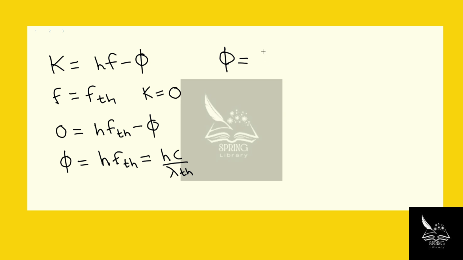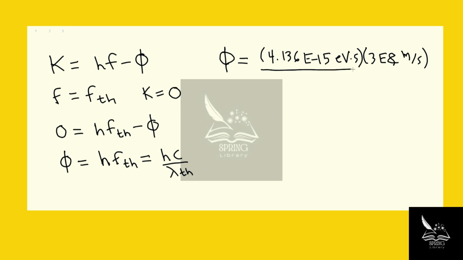Can do this calculation, taking the Planck constant, 4.136 times 10 to the negative 15 electron volt seconds, the units of h, times the speed of light, 3 times 10 to the 8 meters per second.